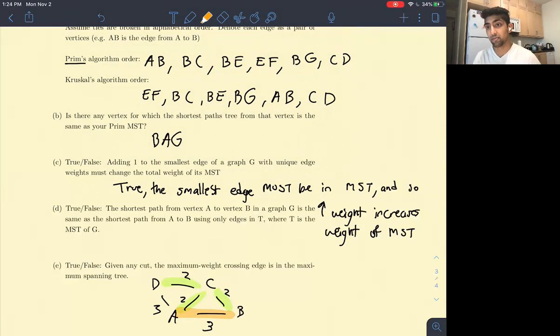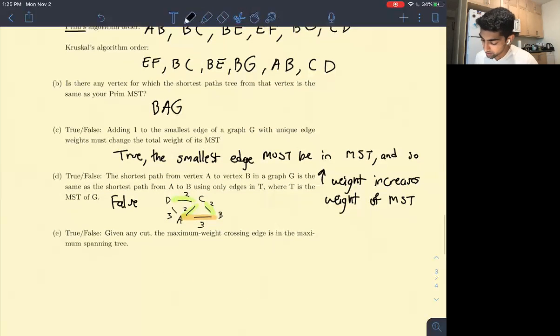The general rule of thumb, which isn't always the case, is that MSTs and SPTs abide by a very similar algorithm, but they're different entities and we can't interchange them as easily as this problem implies. So just keep in mind that these MST, SPT similarity questions are often trying to trick you. Make sure you understand why an MST is different from an SPT. Perfect. So false, and let's bring in this counterexample.